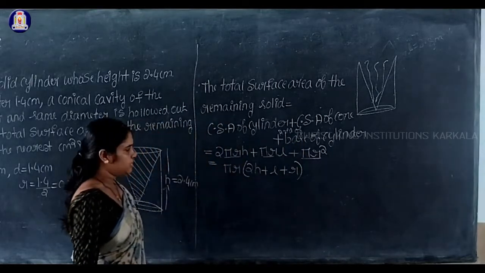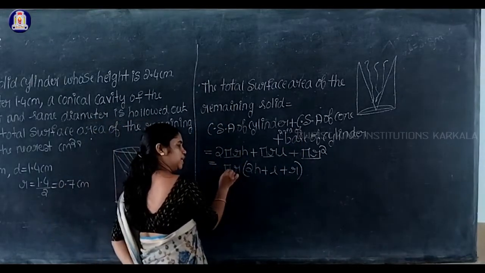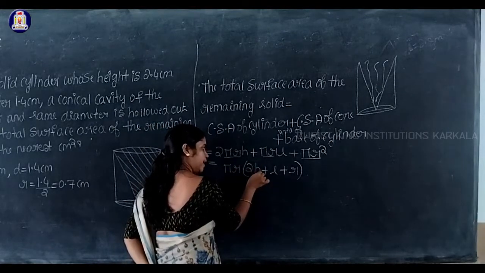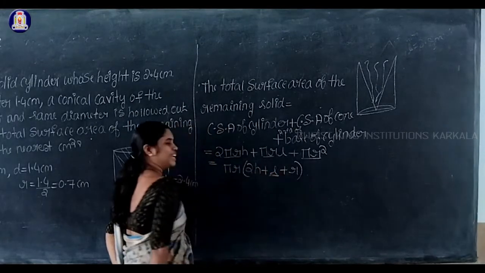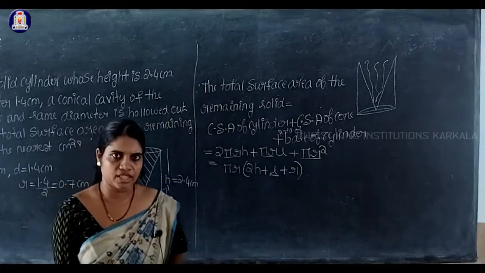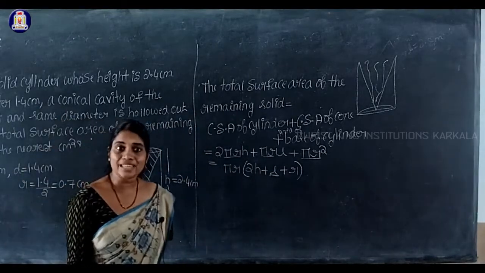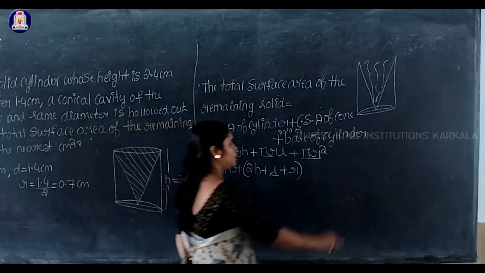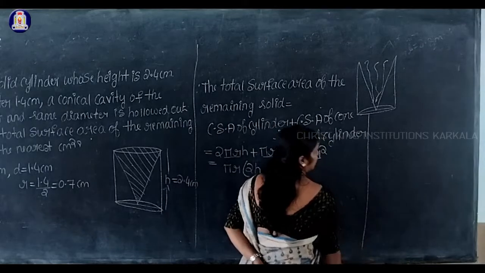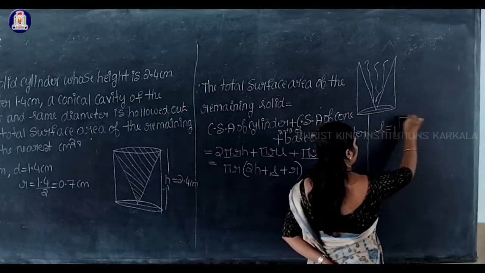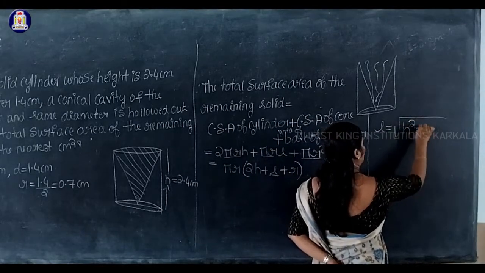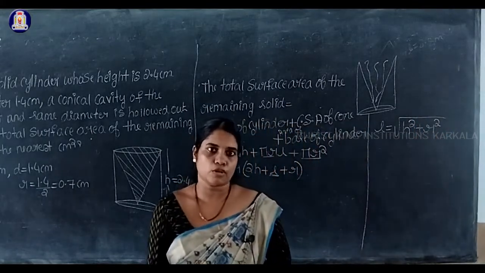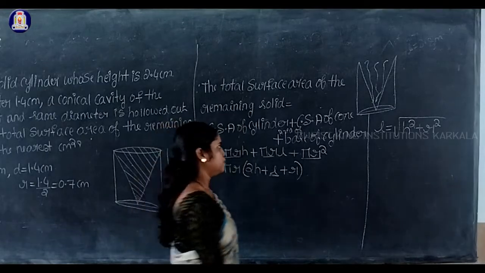Okay students, see here. Pi value we know is 22 by 7, radius value is given, height value is also given, but what about this l value? L is nothing but the slant height of the cone, isn't it? So how to calculate the value of l? We have the formula l is given by square root of h square plus r square. So I'll substitute.